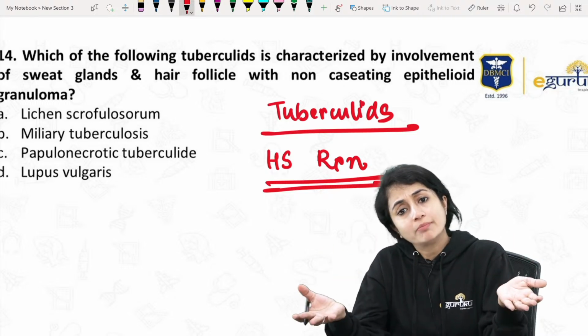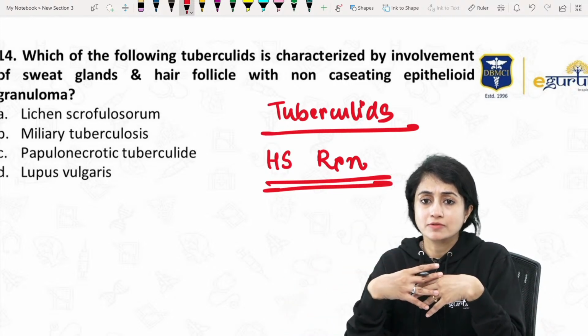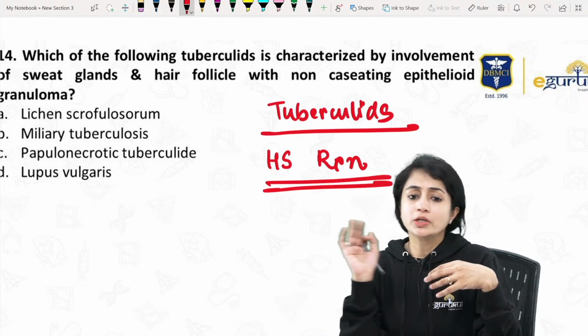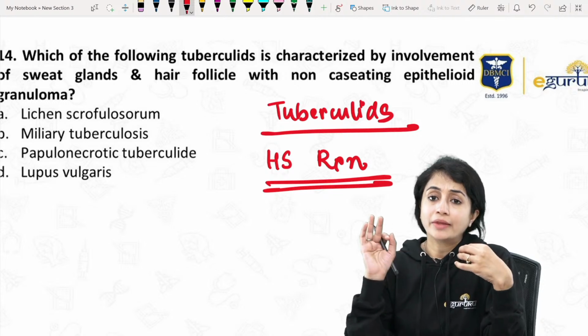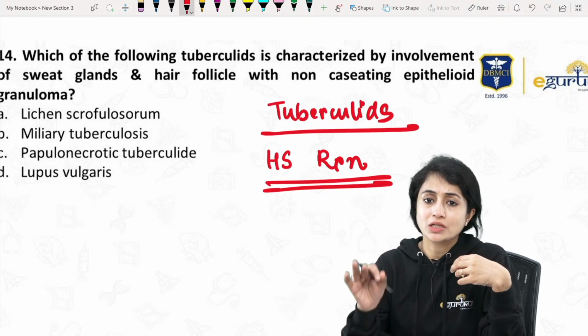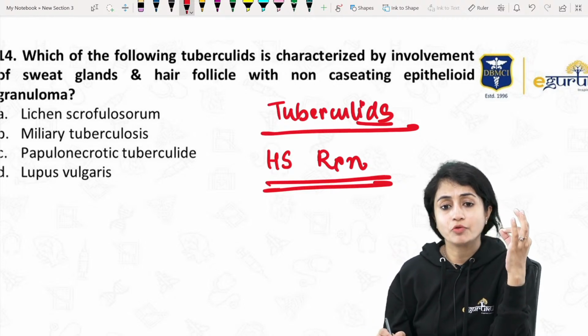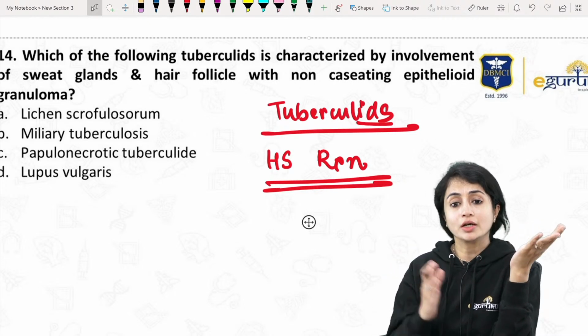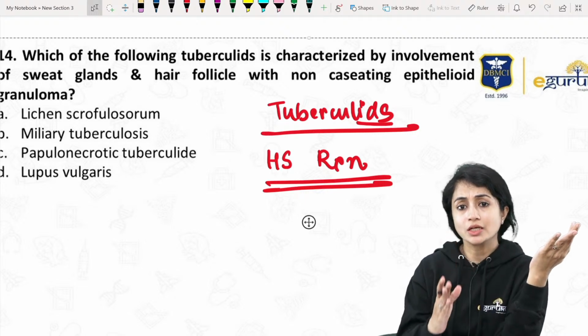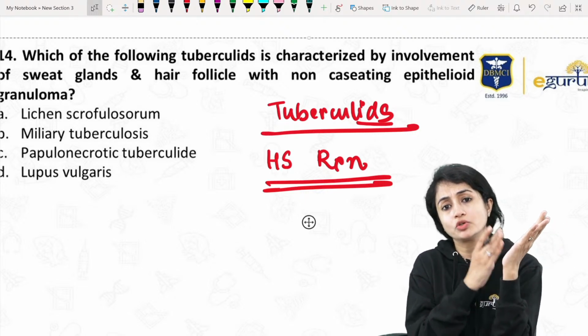And from there, my body mounts a hypersensitivity reaction to those components of the bacilli, and that leads to development of skin lesions. These are tuberculids. IDs are any type of hypersensitivity reaction occurring to an agent. So a tuberculid is an ID reaction to tuberculosis bacilli.